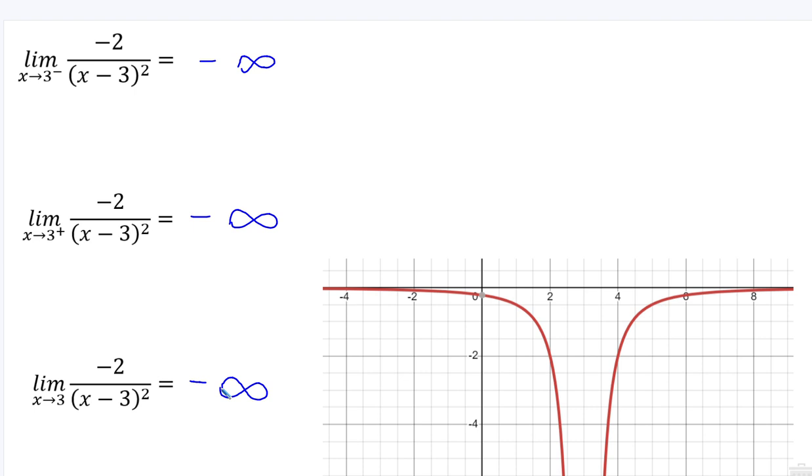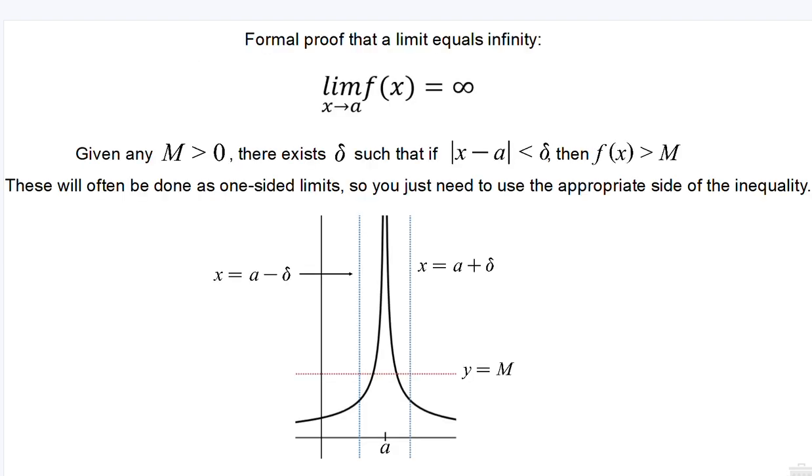This will be useful for us, especially when we're asked to graph basically random functions in a couple units from now. All right. Now, a study of limits, of course, wouldn't be complete without a formal proof that a limit is infinity, or in fact, a formal proof that it equals negative infinity, perhaps.